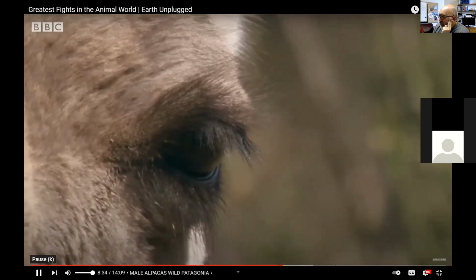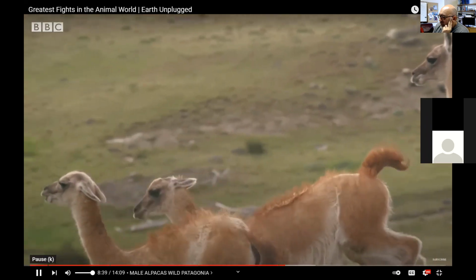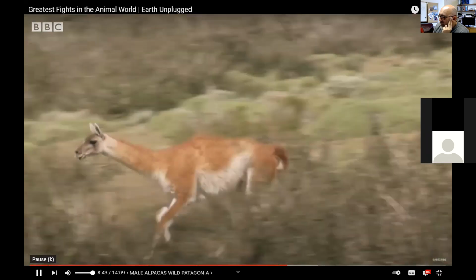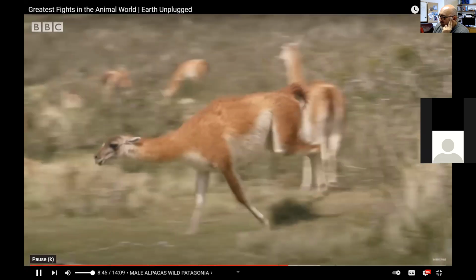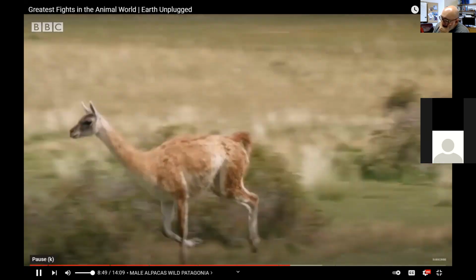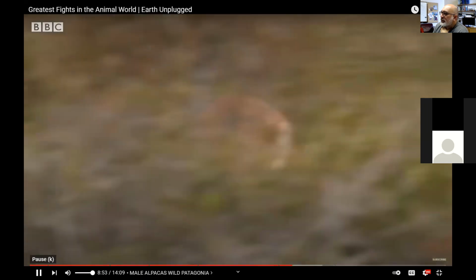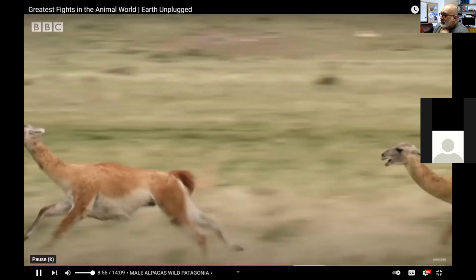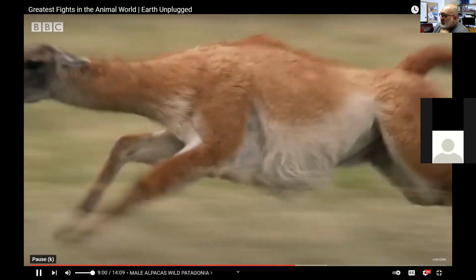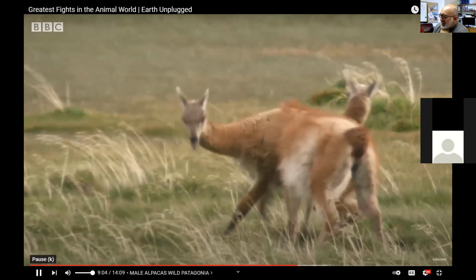One bachelor makes his move. The female spits her disapproval. He leaps into action. Using razor-sharp teeth, he aims for his challenger's testicles, an emasculating bite.